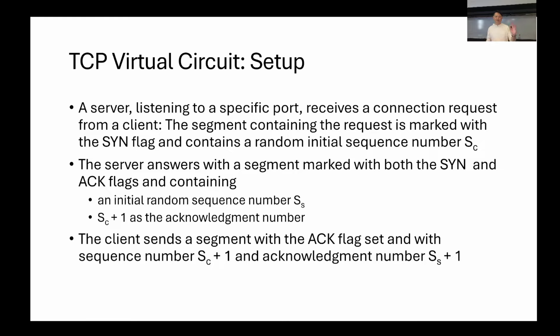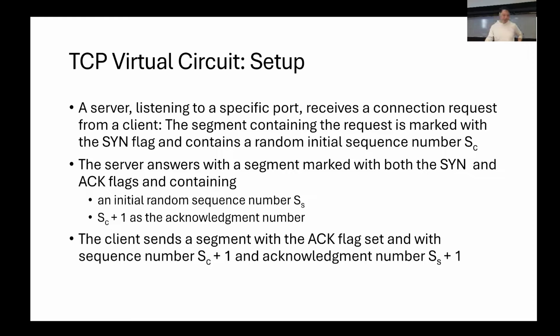So the primary procedure is the setup, the three-way handshake. As I mentioned, the sequence number of the client plus one becomes the acknowledge number on the server or receiver side.